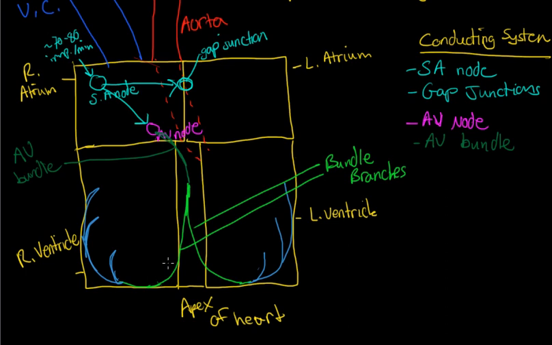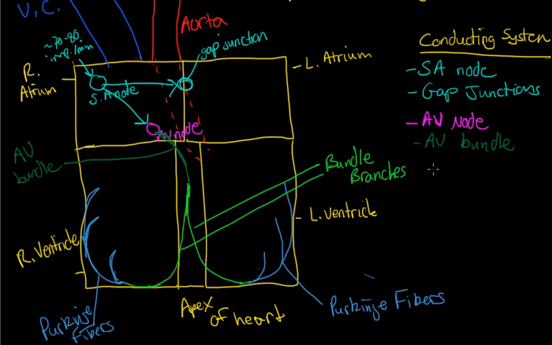We've got a right bundle branch and a left bundle branch. And then down through to the Purkinje fibers, where the actual contraction is going to start for the ventricles. So AV bundle, then bundle branches, and then Purkinje fibers.